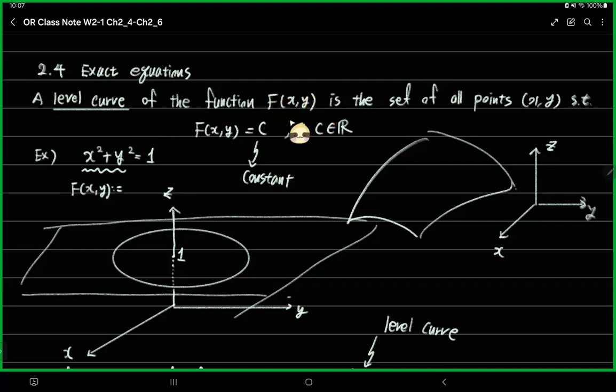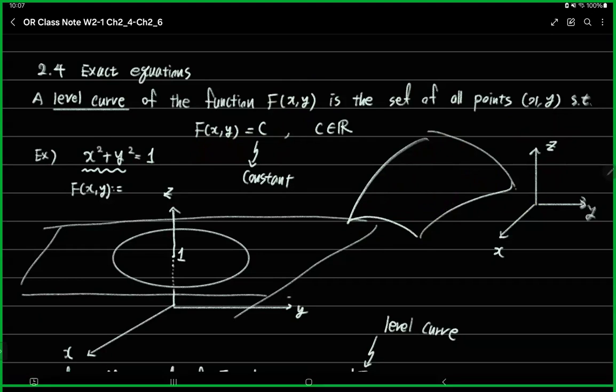That function is a function of multiple variables, right? So x and y. This is the set of all points x comma y such that f of x comma y is equal to a constant, which means that, let's say the graph of that multivariable function is a surface like this, and then we collect all the points whose z coordinate is identical.